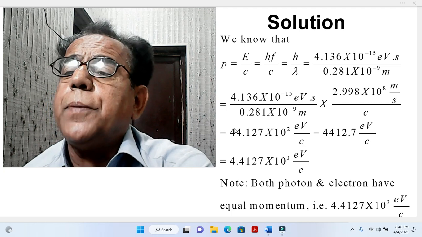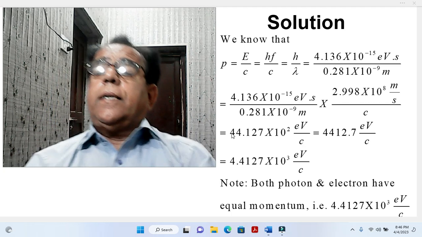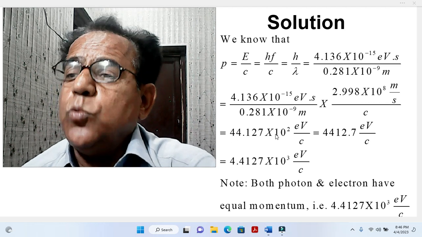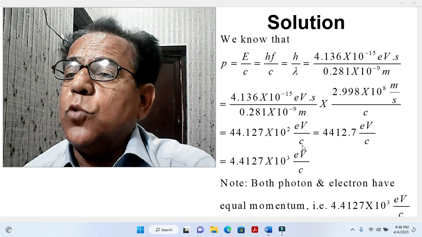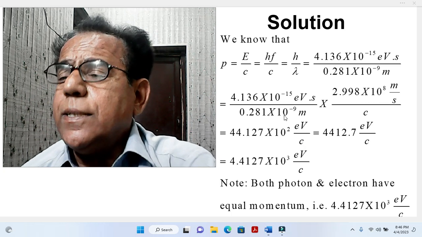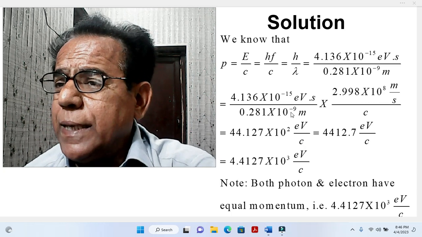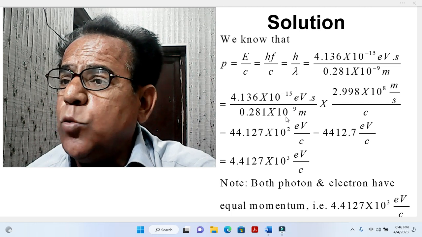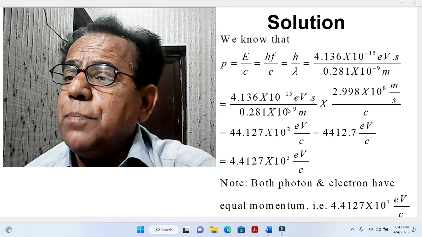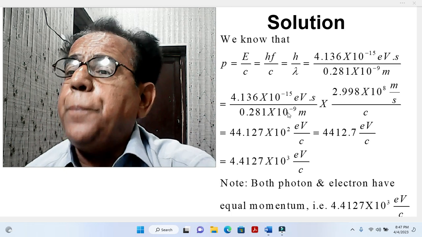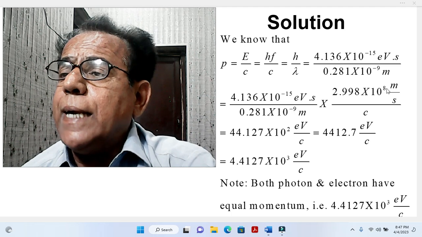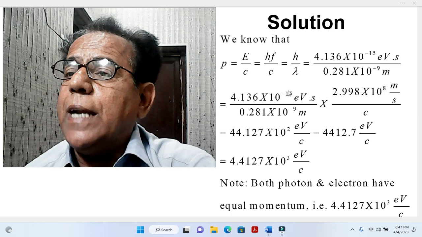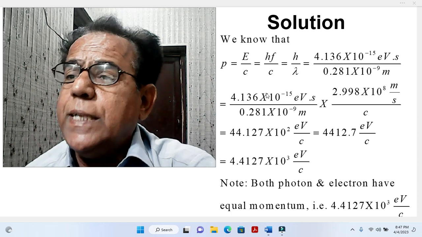So the result becomes 44.127 into 10 to power 2 electron volt over c. Actually, because 10 to power minus 9 is in the denominator, when it is shifted to the numerator it becomes 10 to power plus 9. 10 to power plus 9 and 10 to power plus 8 will become 10 to power 17, while this is 10 to power minus 15.